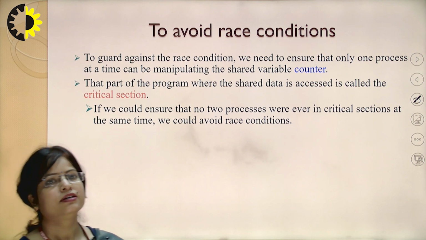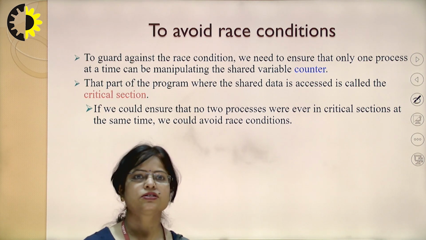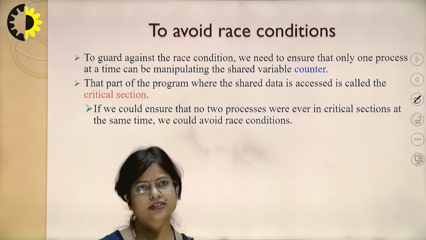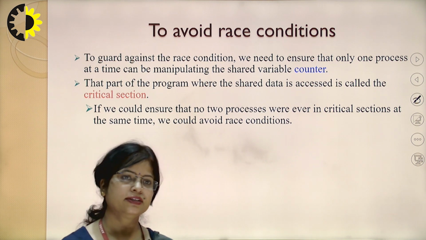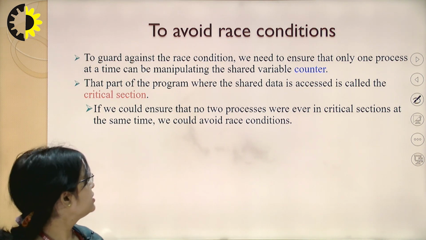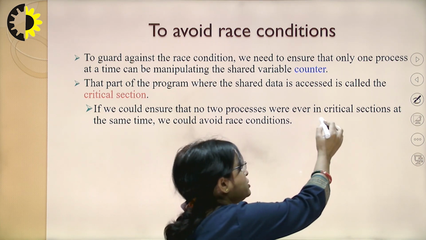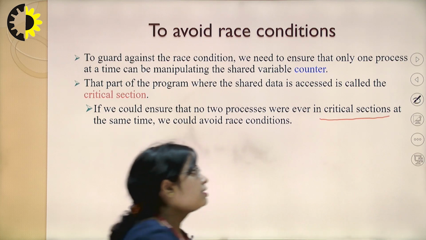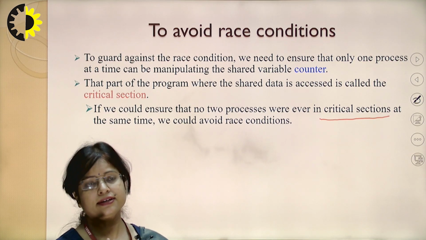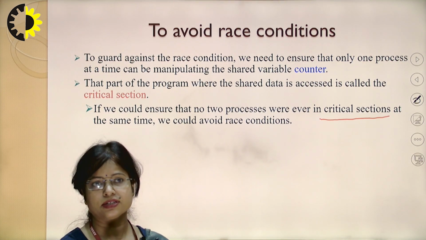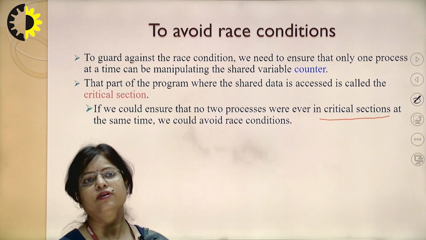If we could ensure that no two processes were ever in the critical section at the same time, we could avoid the race condition. So we can say that allowing only one process at a time into the critical section is the solution to a race condition.